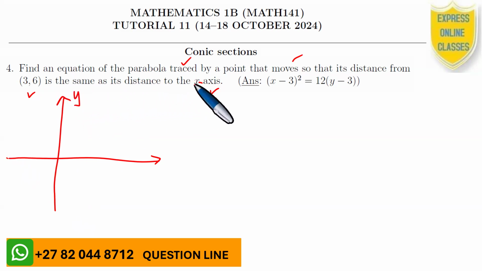Find an equation of the parabola traced by a point that moves so that its distance from (3, 6), a point where x is 3 and y is 6, is exactly the same as what?